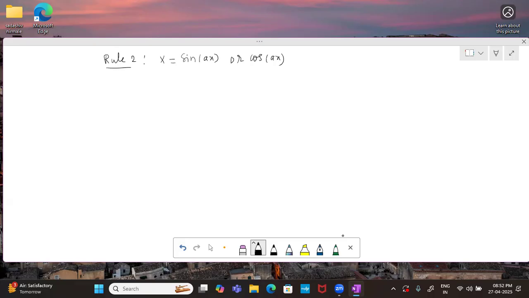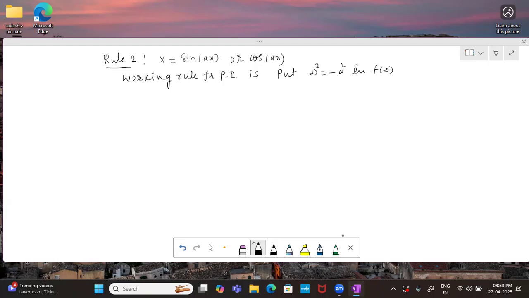So this rule is applicable only for these two functions. And the working rule for PI is put d square is equal to minus a square in f of d.